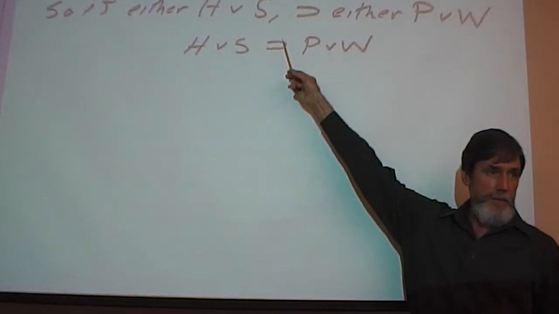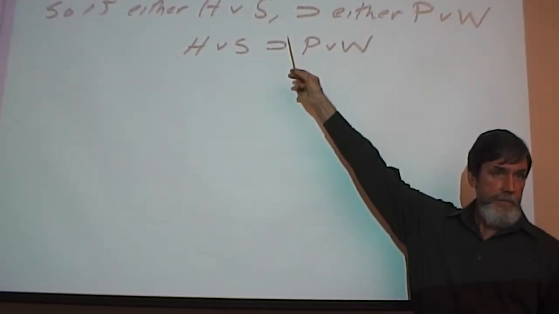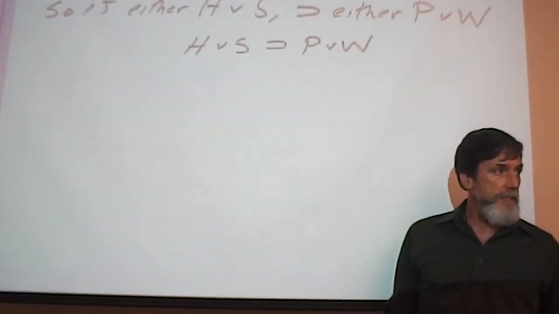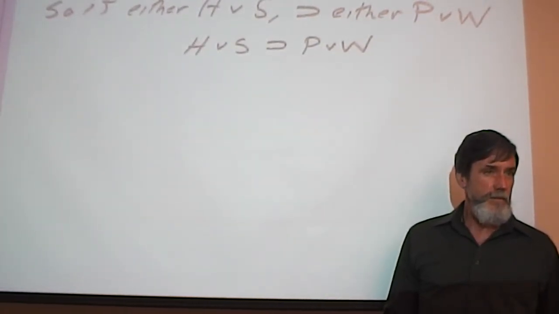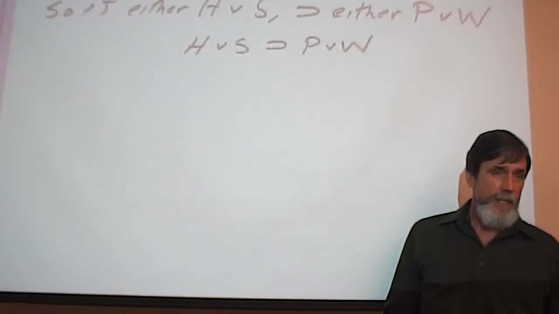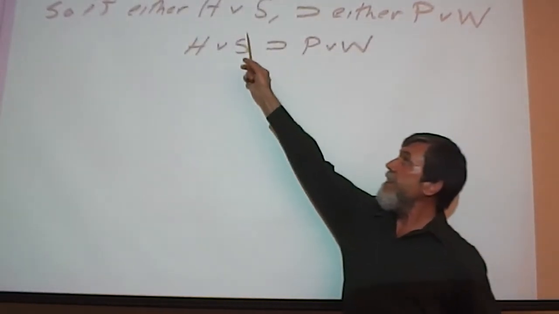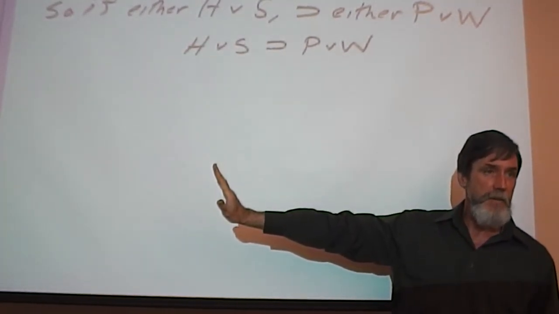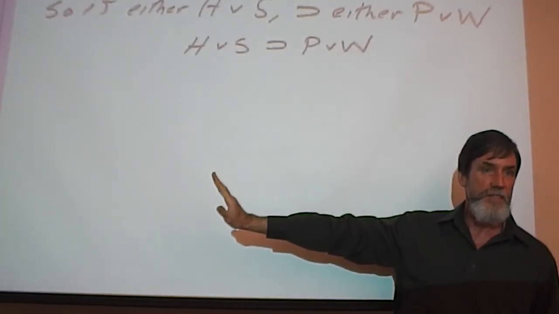Okay, now, in this case, that comma is meaningful. That comma is suggesting a punctuation for the first part of this symbolic statement. And what it's suggesting is that H wedge S must be punctuated separately before the horseshoe.